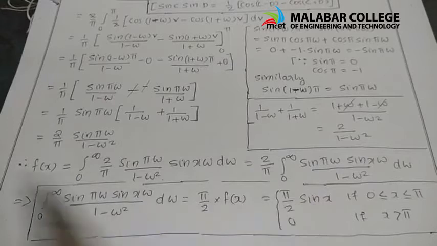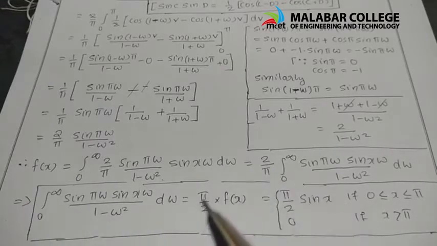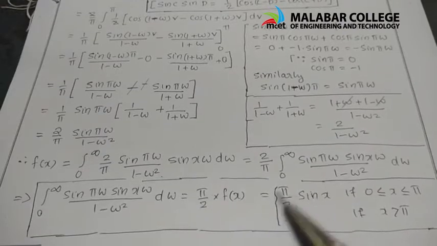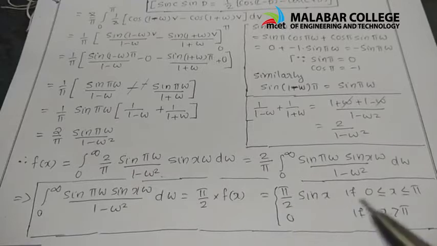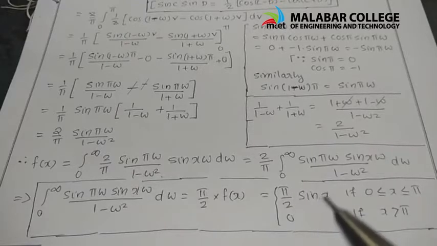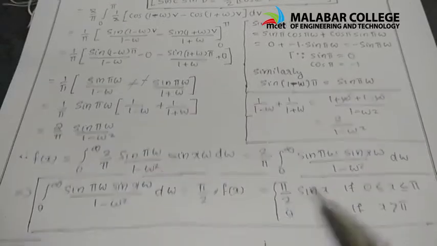Taking 2 by pi to the left side, this will become pi by 2 into f of x, and f of x we have taken as sin x, so we have pi by 2 into sin x in between 0 and pi. If you substitute pi here, we see that it is sin 0, so sin 0 is 0, and there is no point of discontinuity, note.